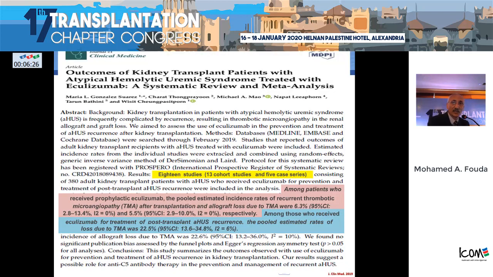And this is a systematic review and meta-analysis assessing the outcome of kidney transplant patients with atypical HUS treated with eculizumab. They have 18 studies, 13 cohort and 5 case series, above 400 patients, and they found that among the patients who received the prophylactic eculizumab, the incidence rate of recurrent TMA after transplantation and graft loss due to TMA were 6.3% and 5.5% respectively.